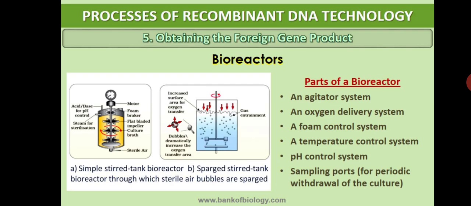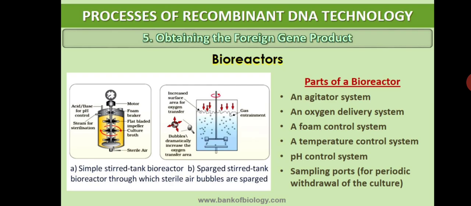These are the materials required to carry out the process of recombinant DNA technology. Okay, next we'll see that there are certain techniques which we have to follow to carry out recombinant DNA technology. Which are those processes?